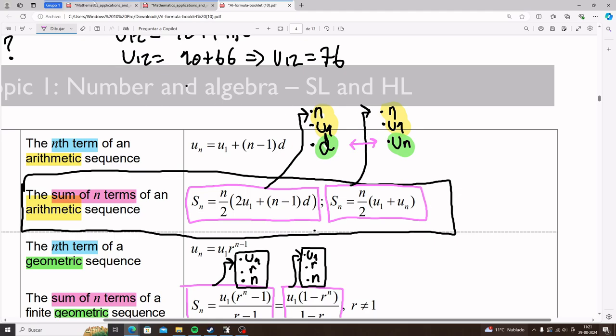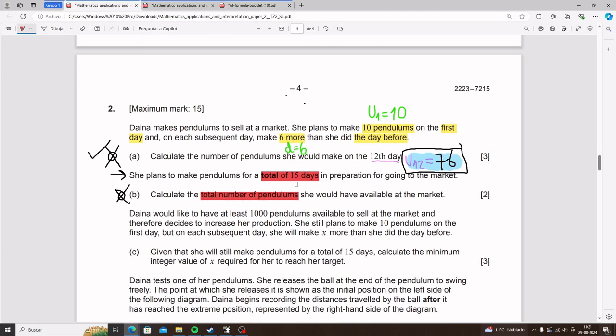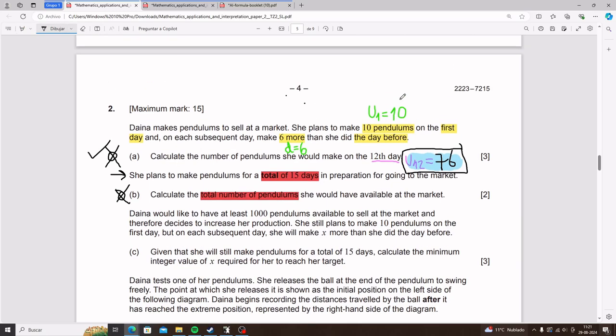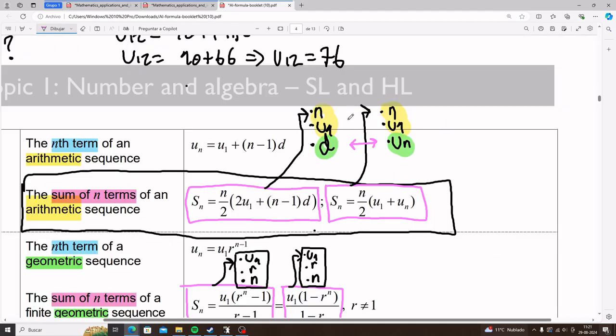And so over here, if we come back to reality for part B, what do you have? We do have u1 from earlier. We do have d, and we're looking for the sum of 15 days. And so technically, for using the equation on the right, I would need to have u15, which I do not have.